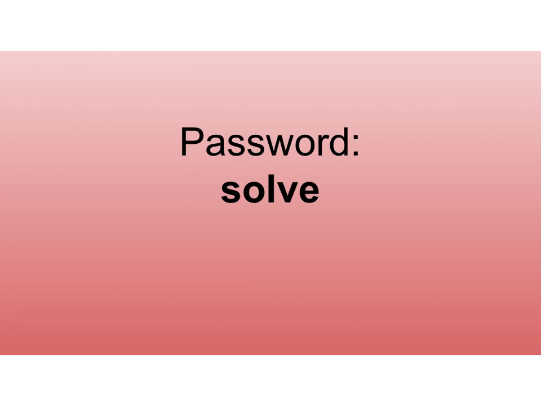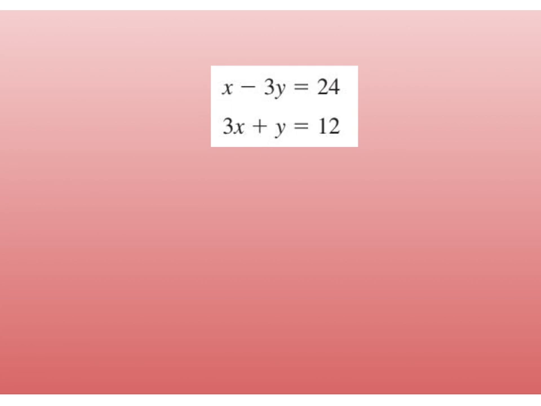All right, let's try some more. Okay, so I have a situation here where I can multiply one of my equations in order to create opposites. I notice that this term is a negative 3, while this one's just a positive. So if I multiply this times 3, they'll become opposites of each other.